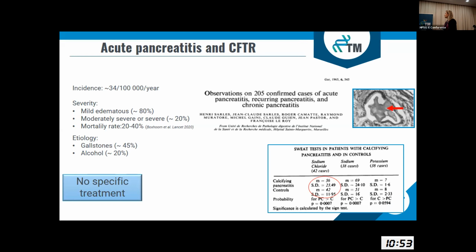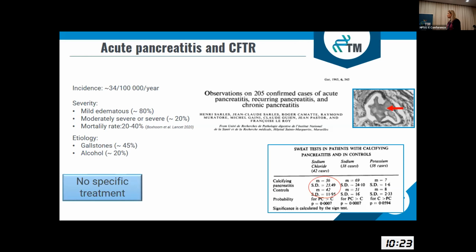In these patients, the presence of protein plaques in the lumen was detected, and the sodium and chloride secretion was significantly higher compared to the controls, indicating that the CFTR chloride channel probably does not work properly in these patients.